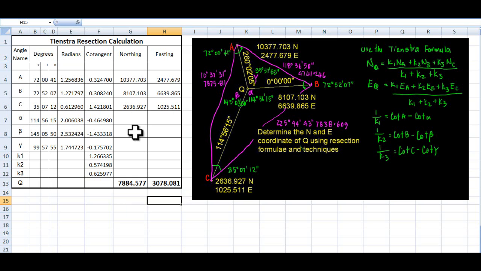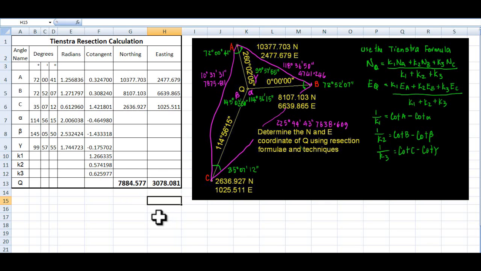I've just set up this nifty little spreadsheet here to do that. So obviously if you have different values in here, it's just a matter of putting the correct values in the spreadsheet, and straight away it'll calculate out your northing and easting for you.